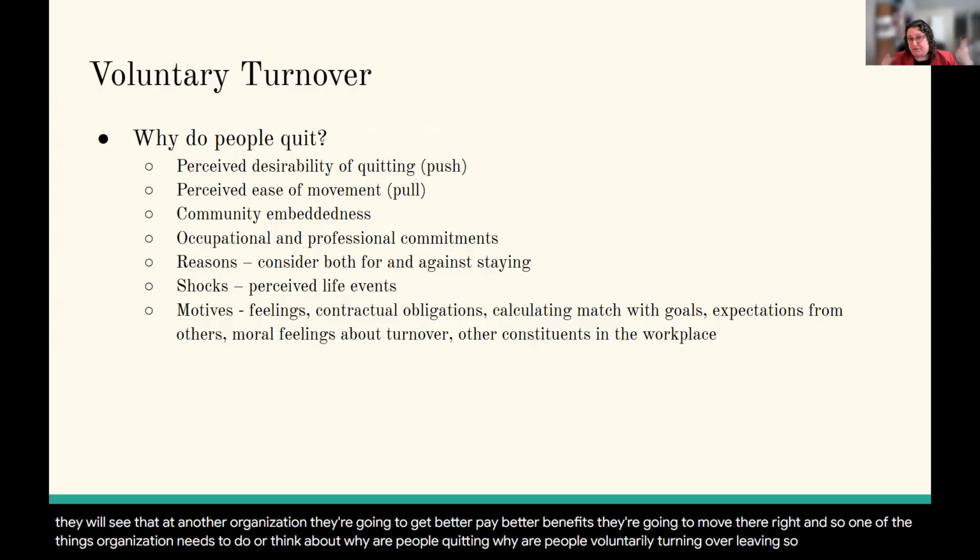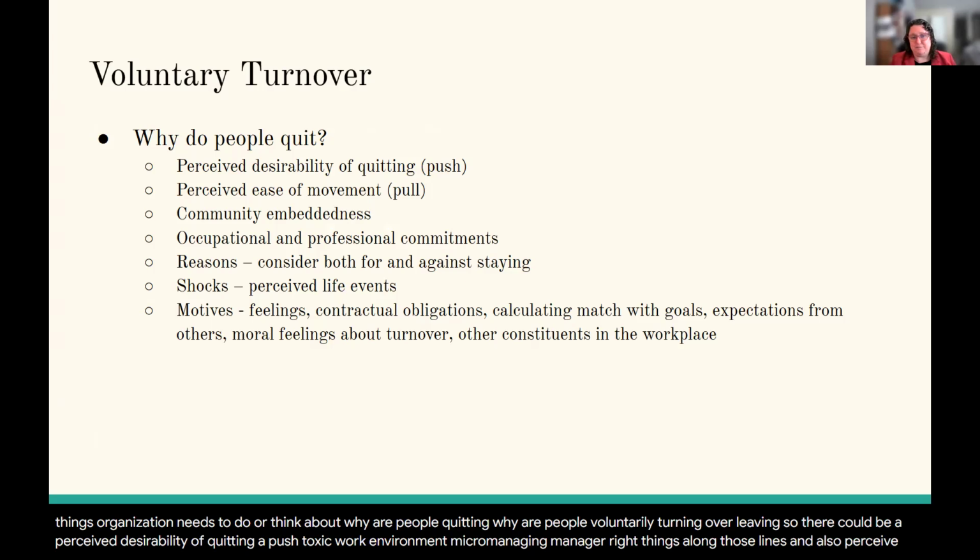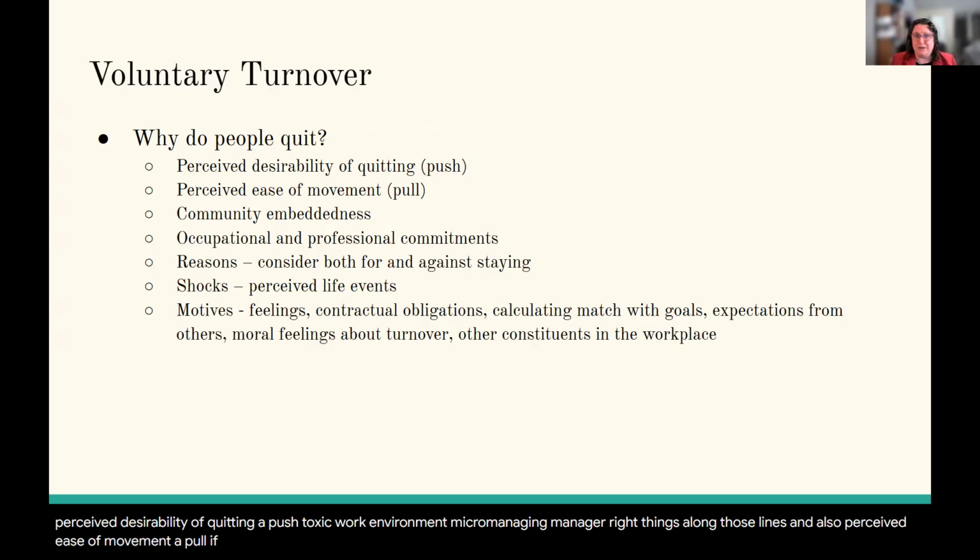So there could be a perceived desirability of quitting, a push: toxic work environments, micromanaging managers, things along those lines. And also perceived ease of movement, a pull. If within your industry it's sort of accepted that people are going to move around and maybe even get poached by other companies, that can be a pull.